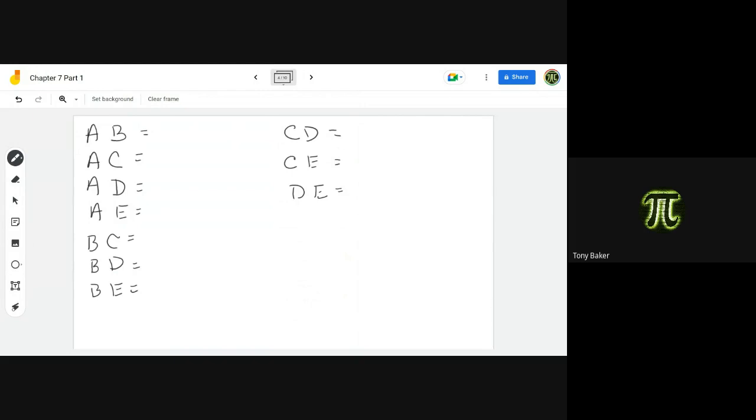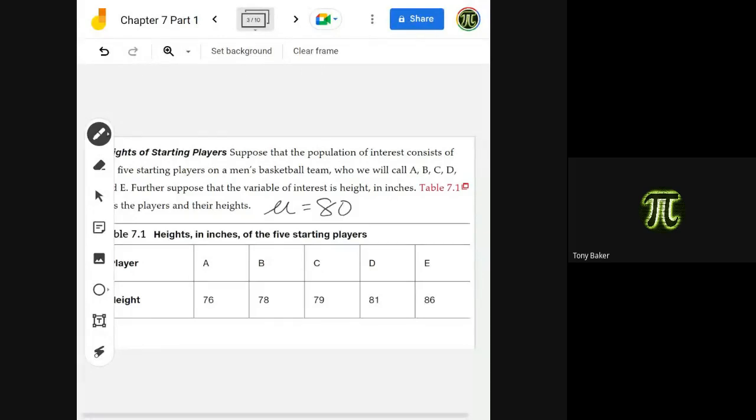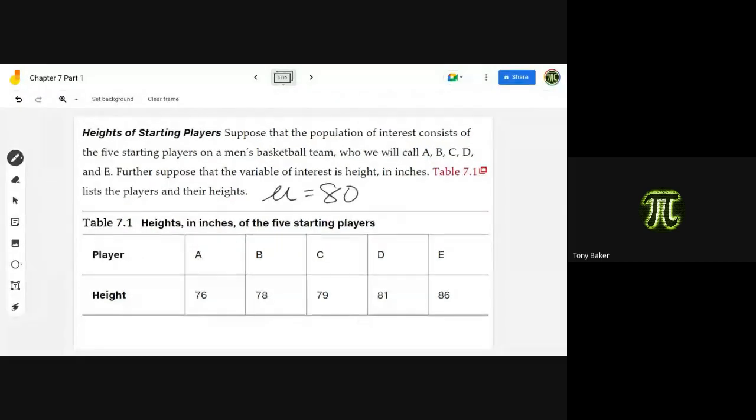Everybody got these down? Okay, there's your numbers. Sorry, I'm going to make it bigger again for you. There you go.